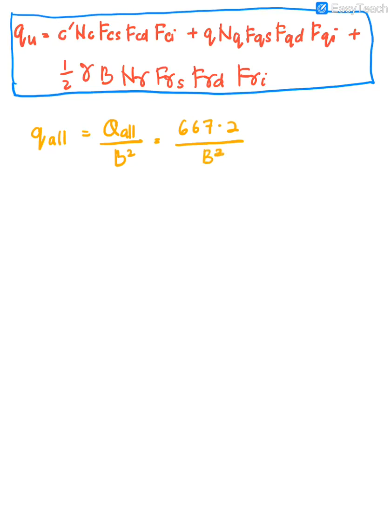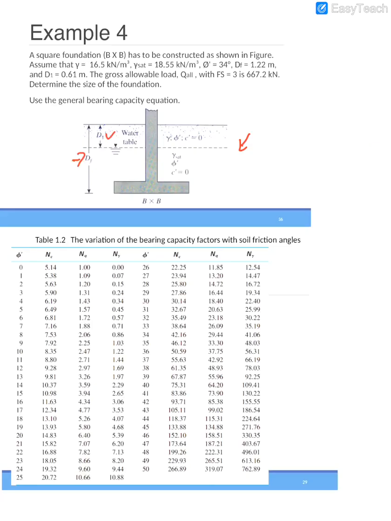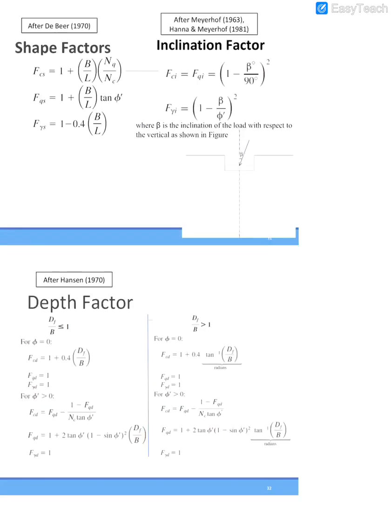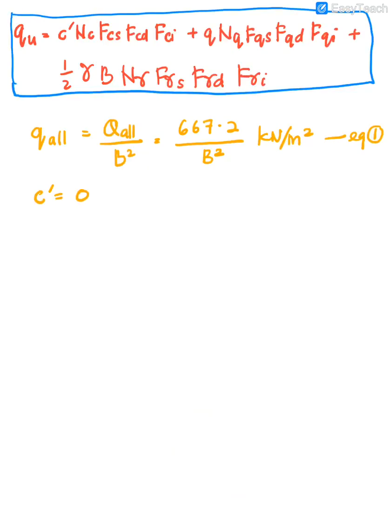This is in kilonewton per meter square, indicated as equation 1. This is vertical loading, and c prime is 0, so when c prime is 0, all of that term is equal to 0.